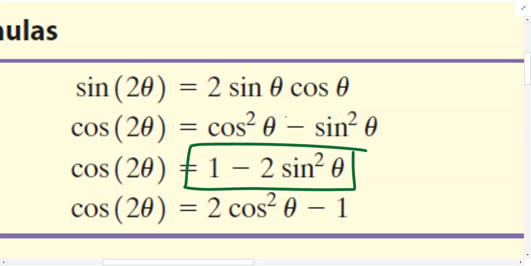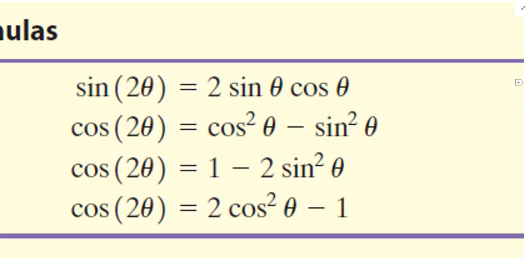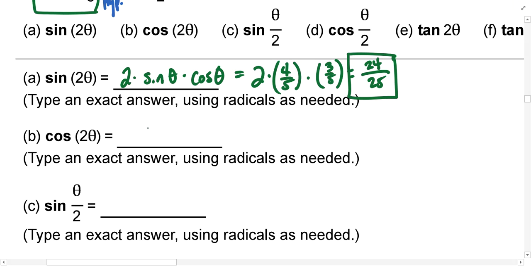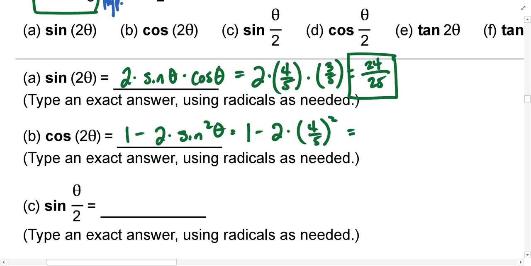In the event that we had a decimal value instead of a nice fraction, I'd be leery about using the first or the third definition. So I'm going to use this second definition here, 1 minus 2 sine squared. So cosine of that double angle is 1 minus 2 times sine squared. 1 minus 2 times, well, sine we said was 4/5, so we must square that.